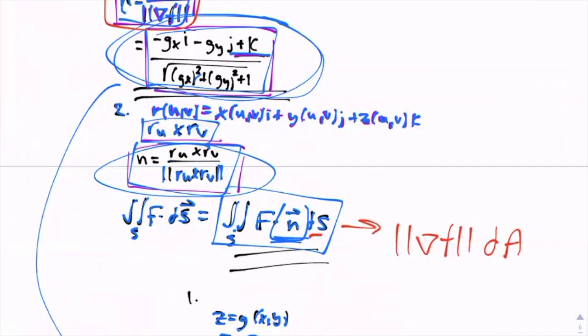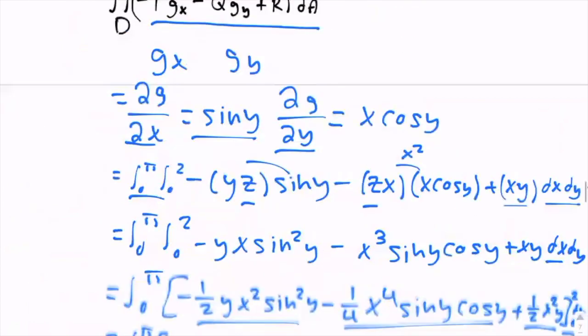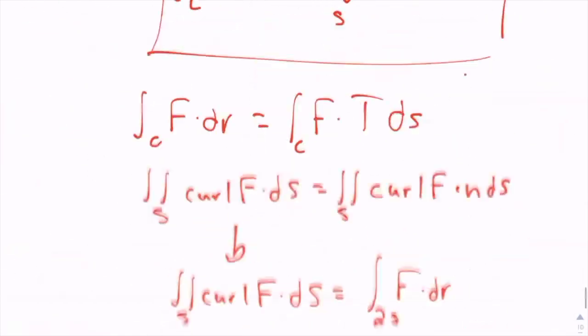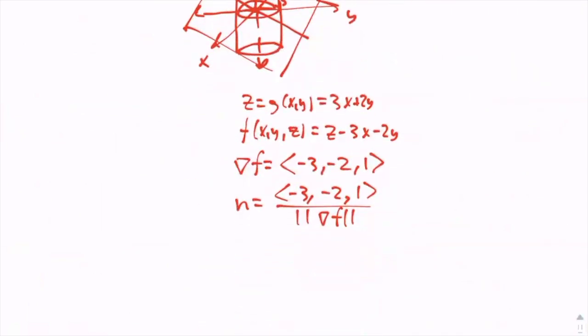So regardless of if I define it or if I don't, I already know that that's going to cancel out. So for right now, I'm just going to keep it as the magnitude of the gradient f.